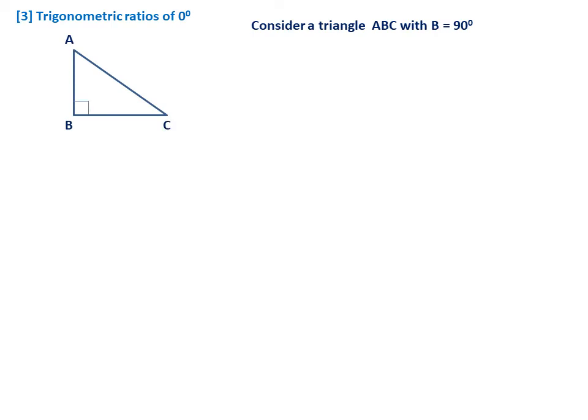Now let us take next the trigonometric ratios of 0 degree. Of course this is a little bit logical. You have to be very careful in understanding this. Please observe carefully. Consider a triangle ABC with B as 90 degree. Now what we are interested in is finding 0 degree.